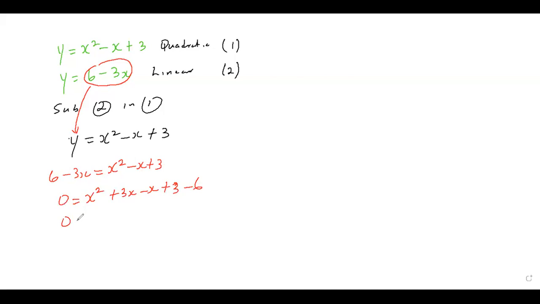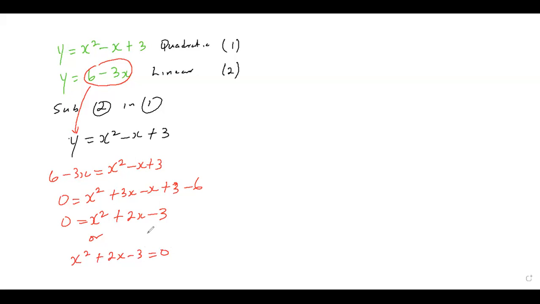So 0 is equal to x squared, and this will give me 2x minus 3. Then I can rewrite all this as x squared plus 2x minus 3 is equal to 0.